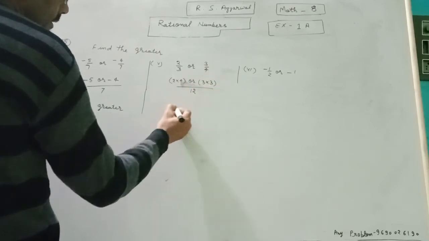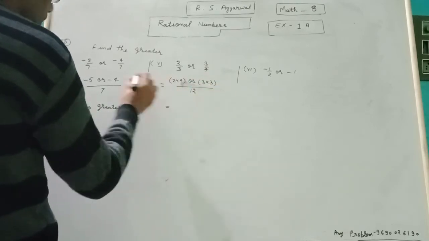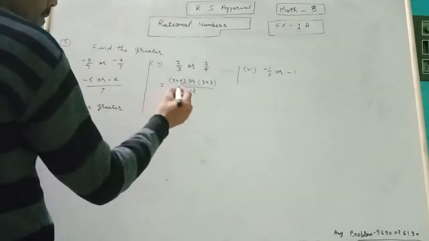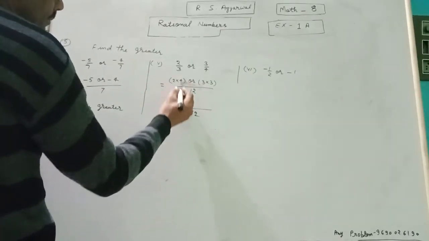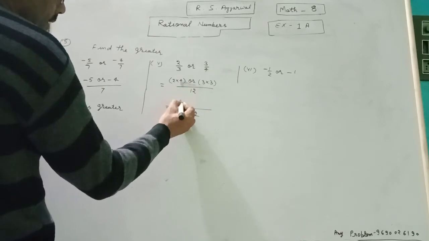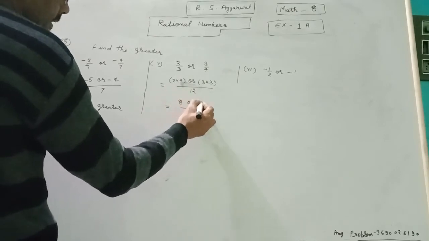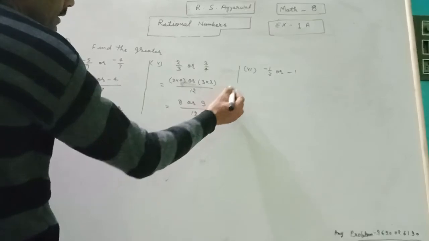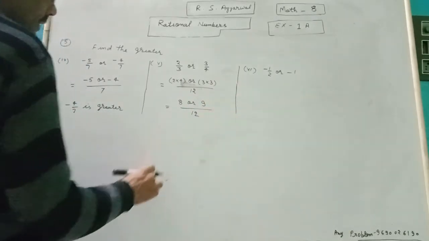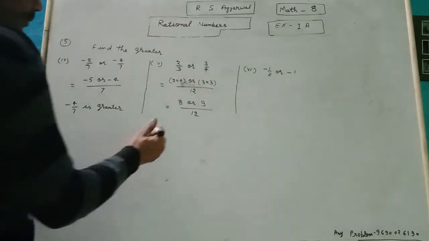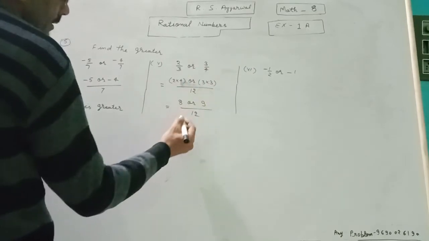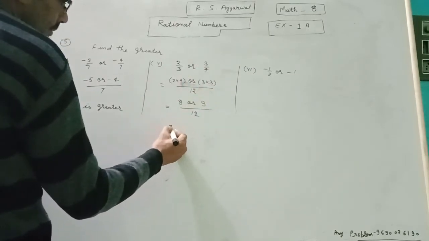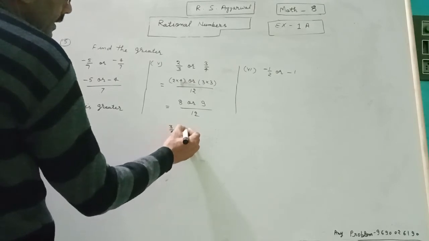After multiply, the denominator 12 is the same. 2 4s are 8 or 3 3s are 9. Who is greater? 8 is smaller, 9 is greater. 9 means 3 upon 4 is greater.